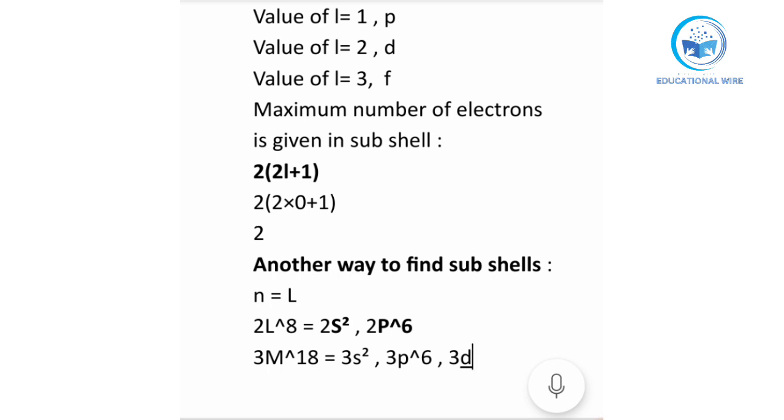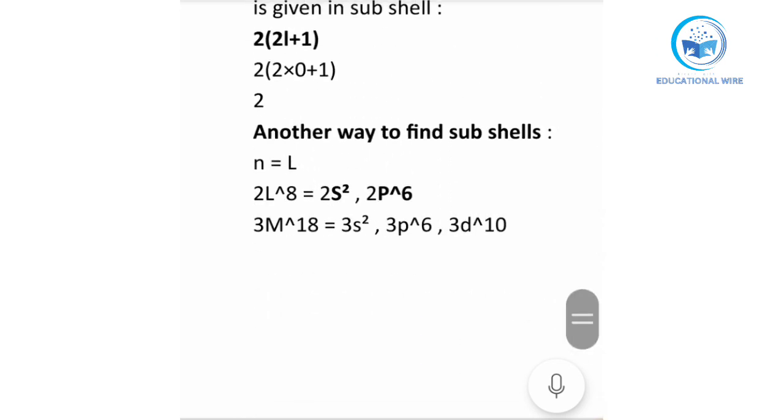We know 10 are remaining, so we put 10 here, because there are 10 electrons in the D subshell. Now you can see 10 plus 6 plus 2 gives 18. So the 18 is divided into 3 subshells, meaning the third shell has 3 subshells: S, P and D.